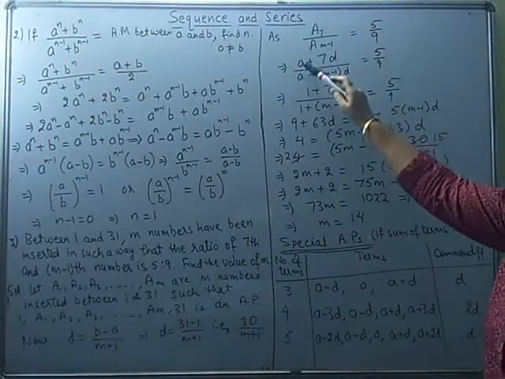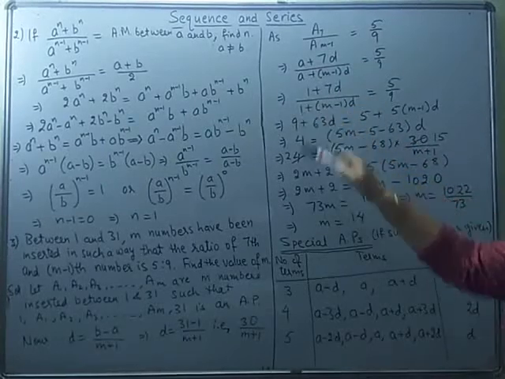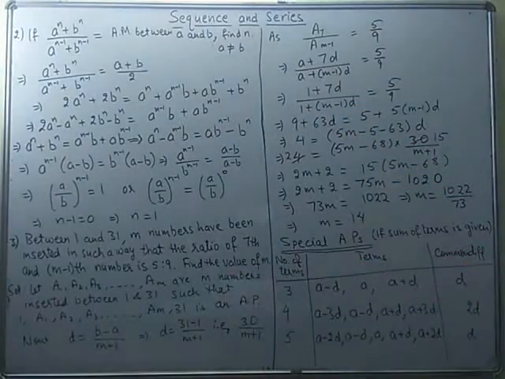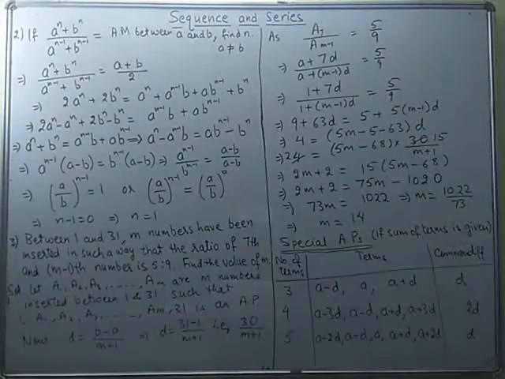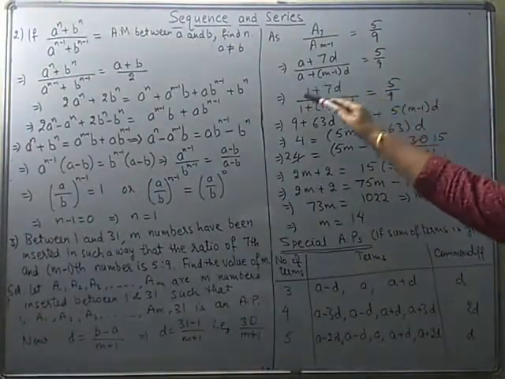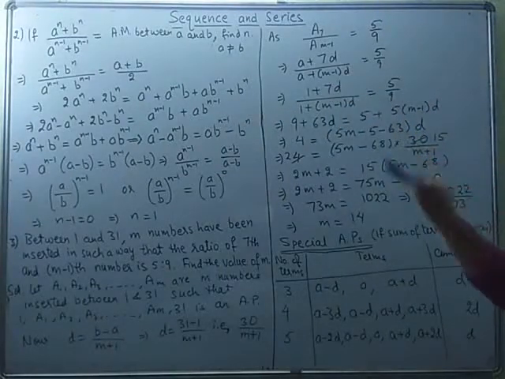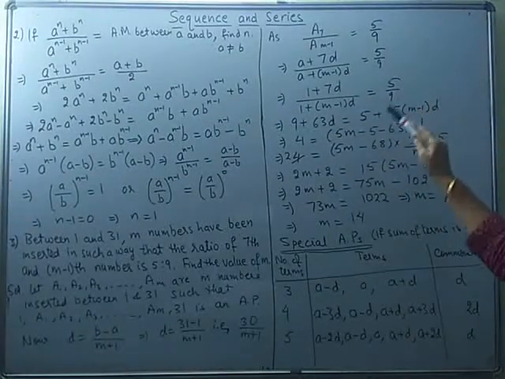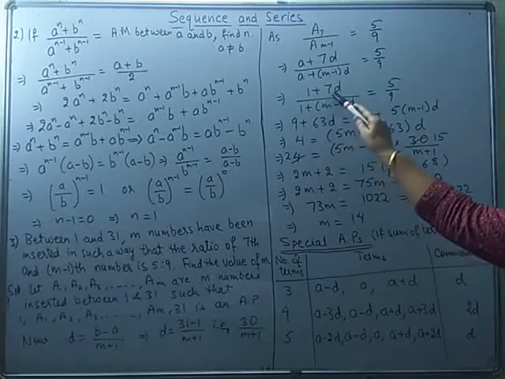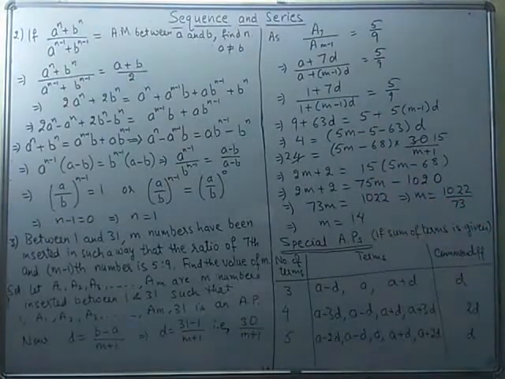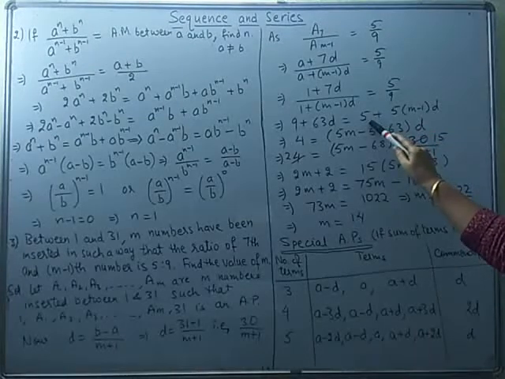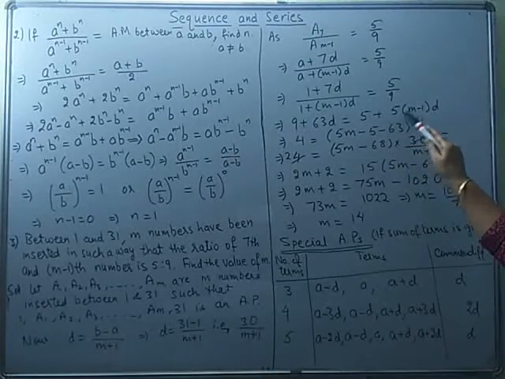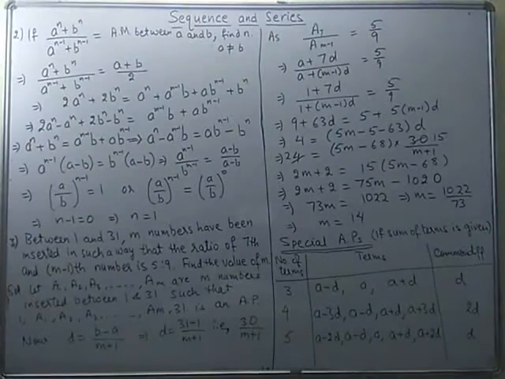Now over here, the value of a is known to us. It is 1. You can see in the sequence, the first term is 1. d also we know, which we can substitute. First, let us simplify this entire equation. Taking cross multiplication, 9 into 1 is 9, 9 into 7 is 63d. Then multiplying with 5 on the right side, we get 5 plus 5 times (m minus 1) into d.